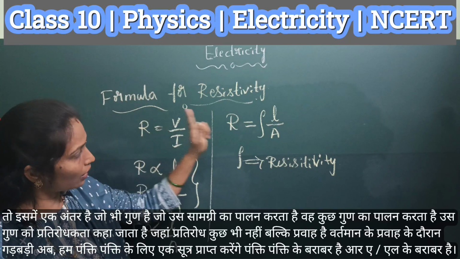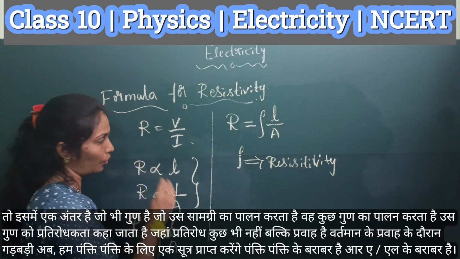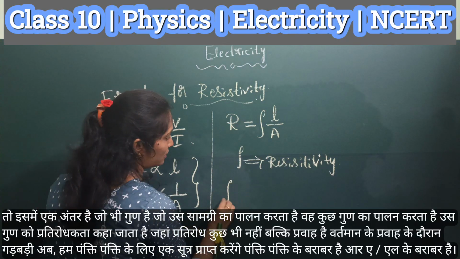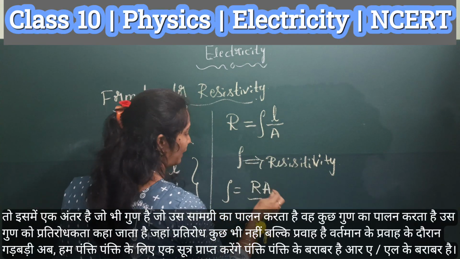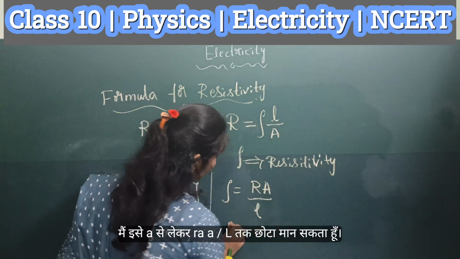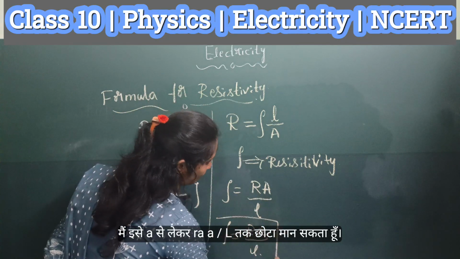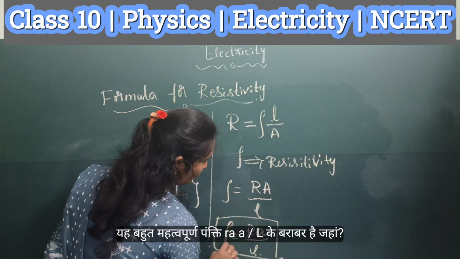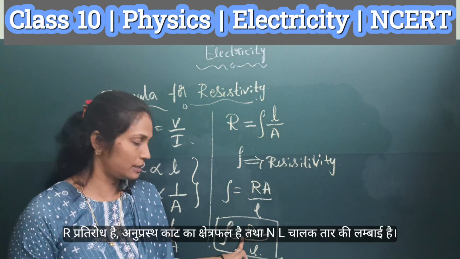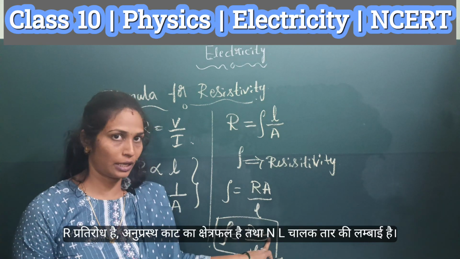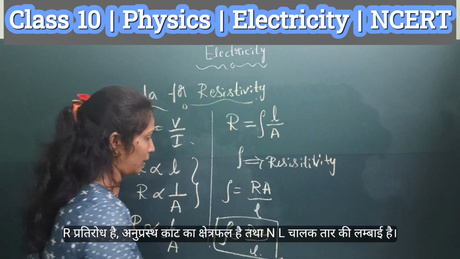Now we'll derive a formula for rho. Rho is equal to RA divided by L, where I take A as the small term. This is very important. Rho is equal to RA divided by L, where R is resistance, A is the area of cross section, and L is the length of the conducting wire.